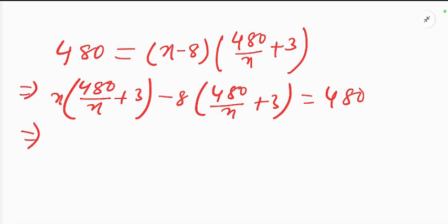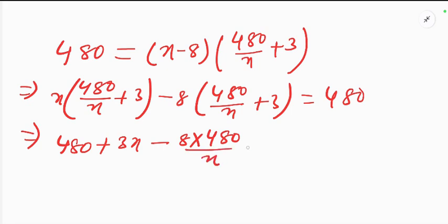This x and x will cancel and it becomes 480 plus 3x minus 8 into 480 by x, plus minus minus, and 8 into 3 is 24, equals 480.